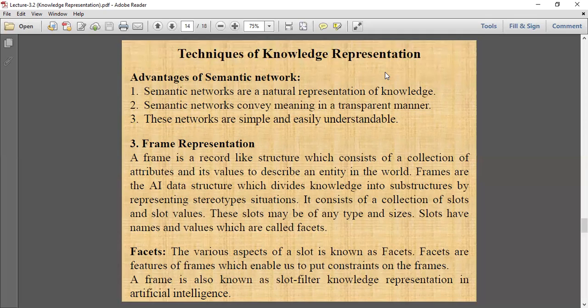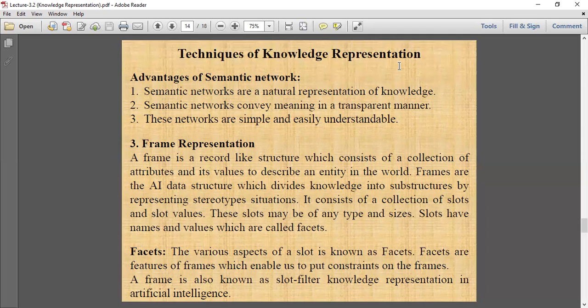A frame is a record-like structure which consists of a collection of attributes and their values to describe an entity in the world. Frames are an AI data structure which divides knowledge into substructures by representing stereotyped situations. It consists of a collection of slots and slot values.